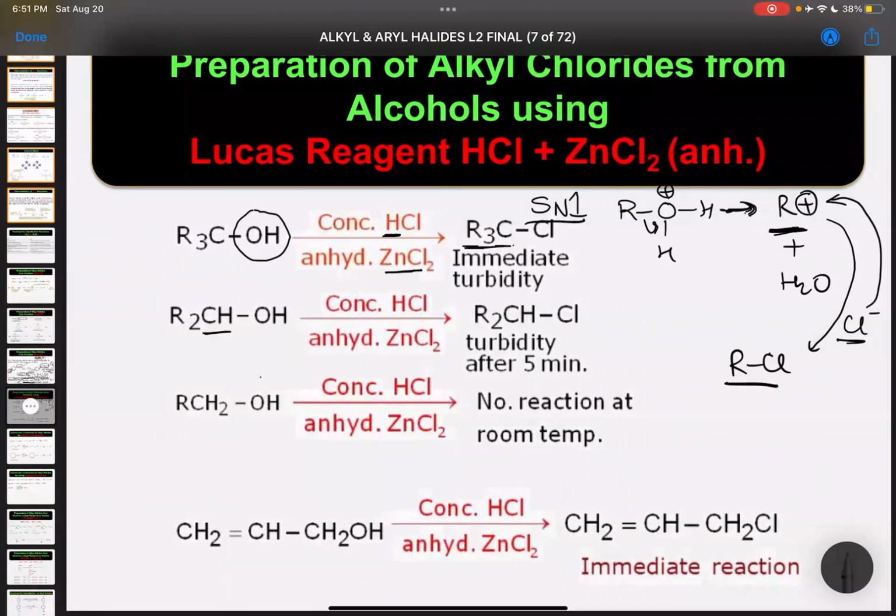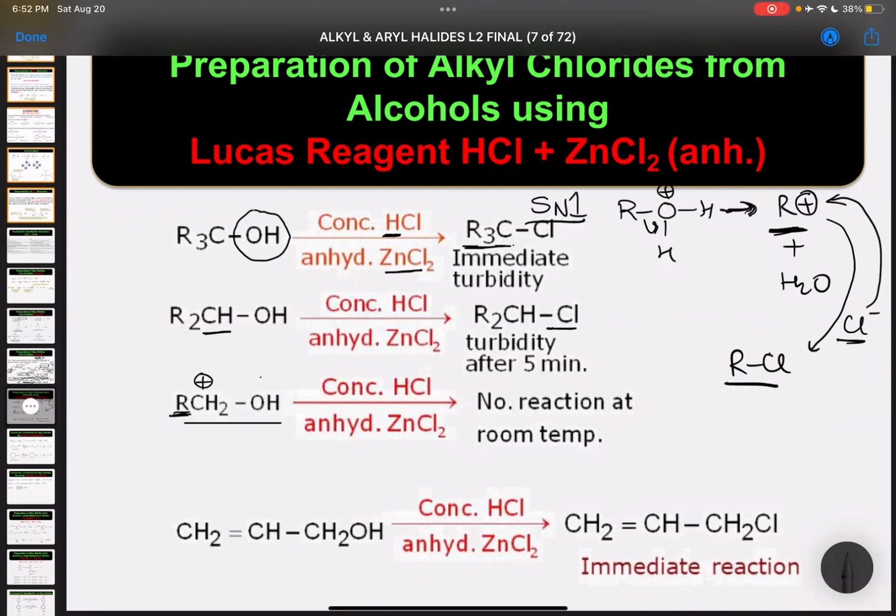In secondary alcohol, because we have only 2 alkyl groups, the cation is less stable, so it is a bit slower. And primary alcohol is very slow, because primary carbocations have only 1 alkyl group, and you cannot make the cation very stable. But how do you actually know that the reaction has happened quickly or slowly? What do you observe with your eyes?